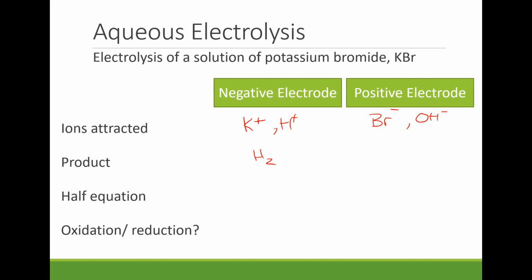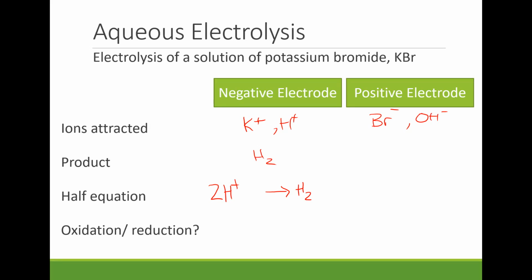Excellent. Let's carry on at the negative electrode, seeing as we're partway there. So we've got hydrogen ions, H plus, arriving at the negative electrode, and we're forming hydrogen gas. Again, we've got our diatomic product here, so we've got to make sure we've got two of those arriving to make the H2.